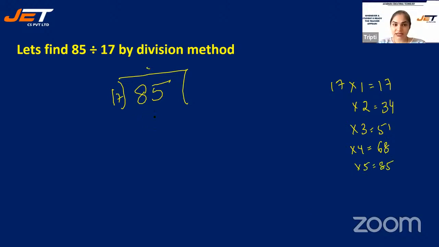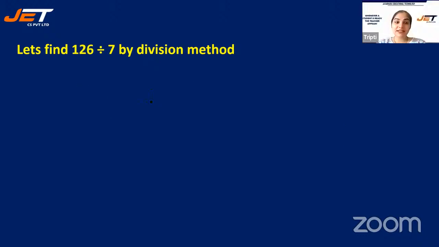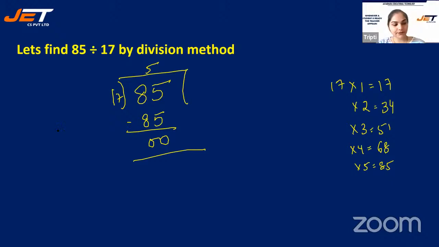Yes. So 17 times 5 is 85. But you will see it here like, okay, this is again 3 digits by 1 digit. So that's how you have to divide 2 digits by 2 digits.